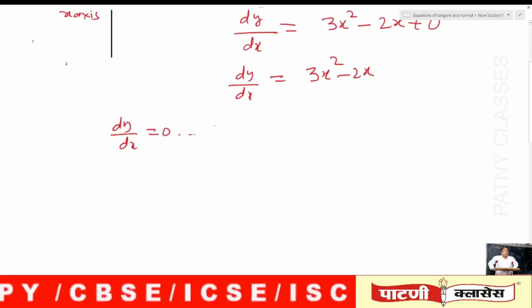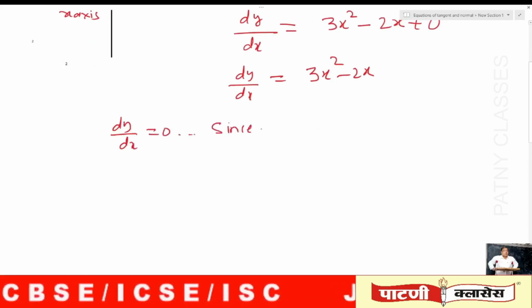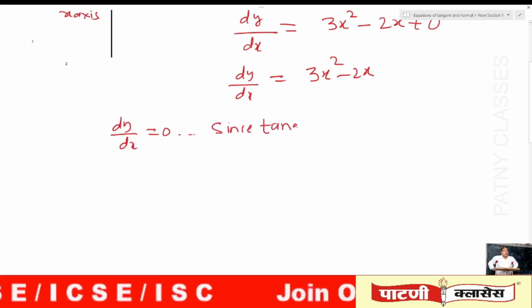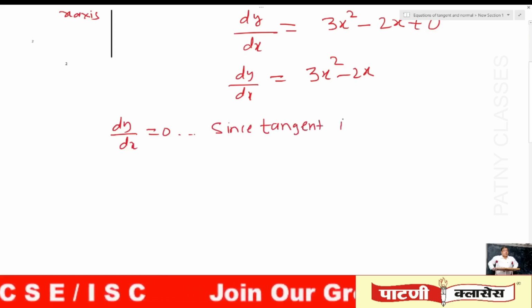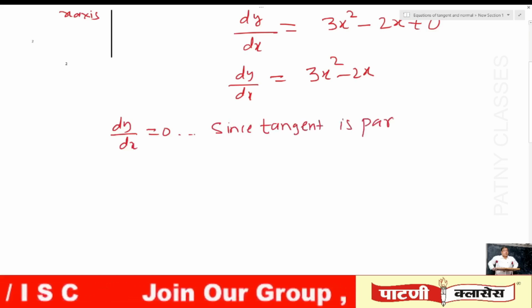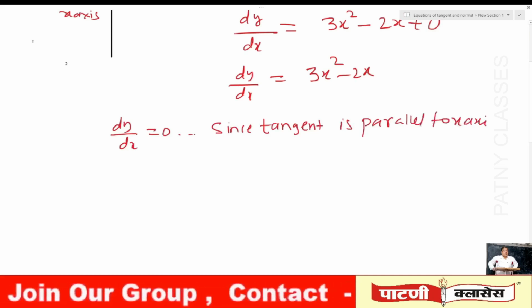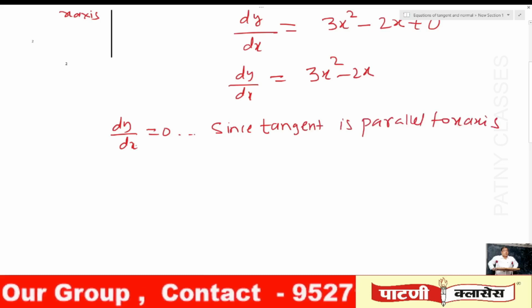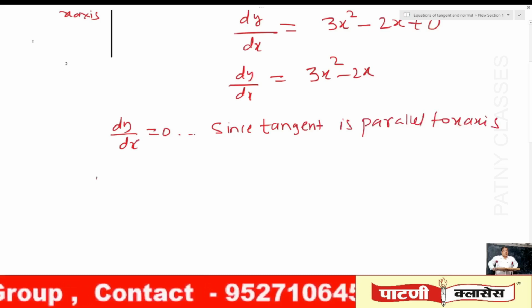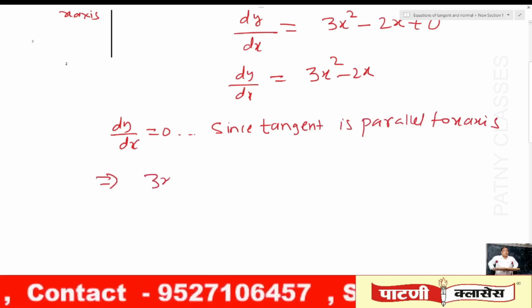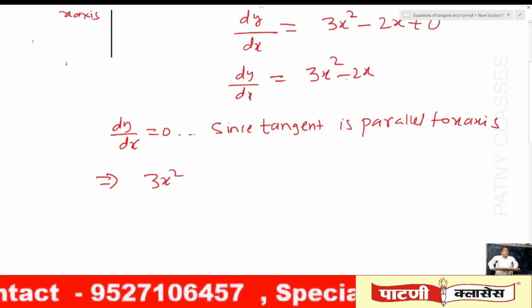What is the reason? Since the tangent is parallel to the x-axis, whenever the tangent is parallel to the x-axis, dy by dx is always 0. dy by dx is 3x square minus 2x.